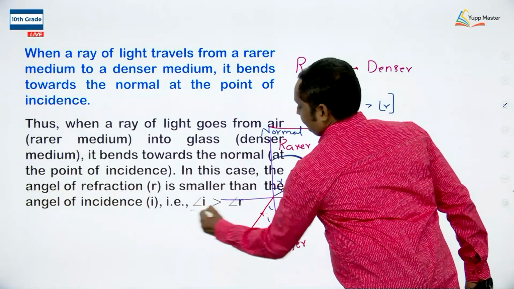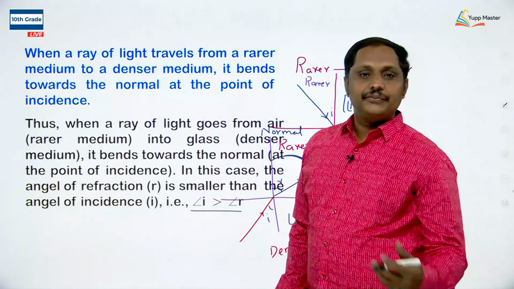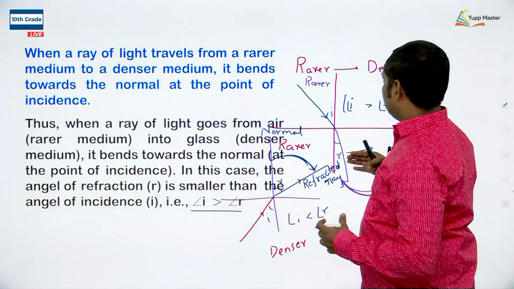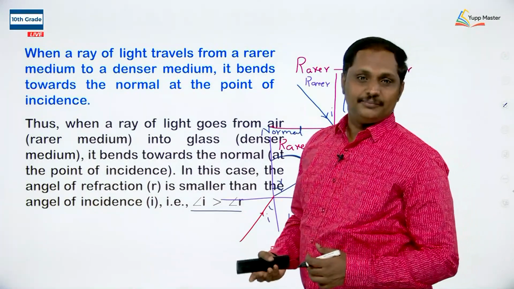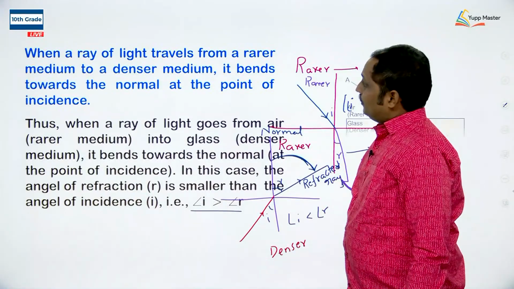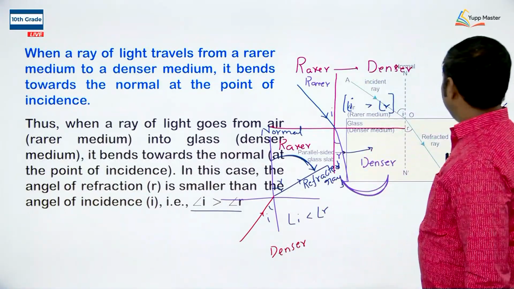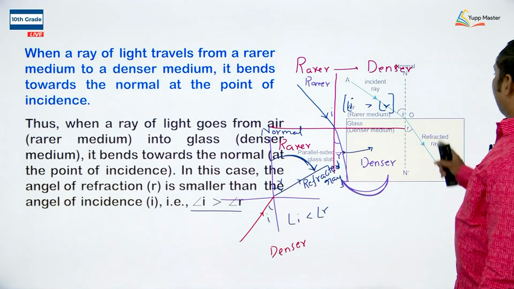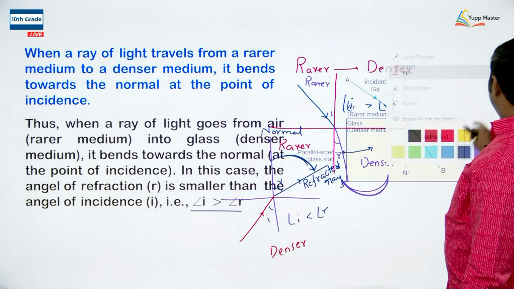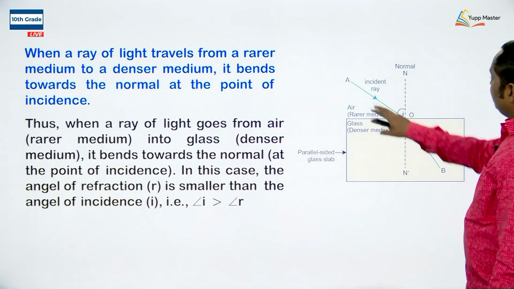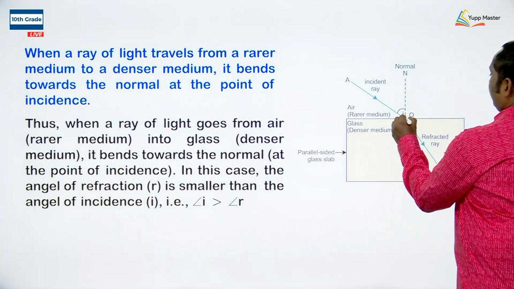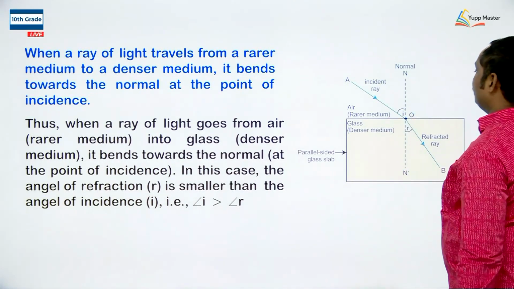We have discussed why it has a smaller angle of refraction. Next, have a look at this case: light is incident, this is the normal, and this is the point of incidence.